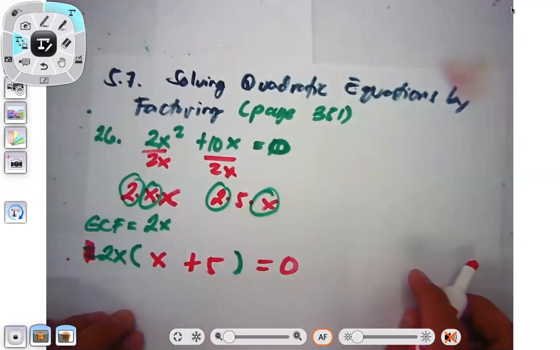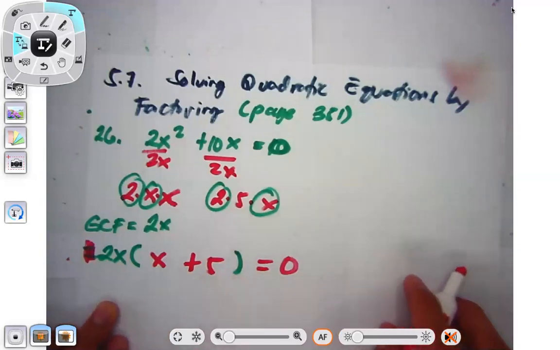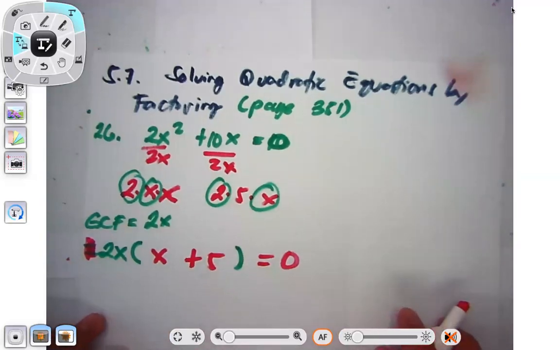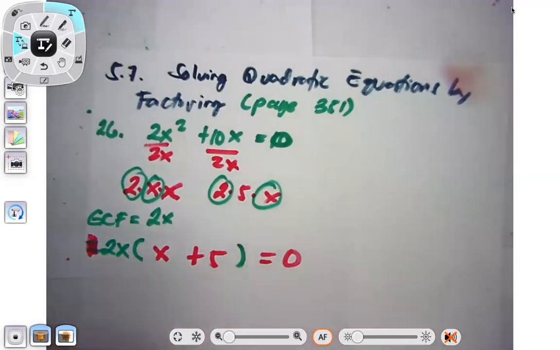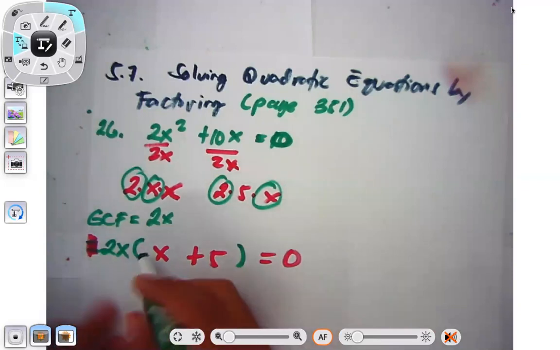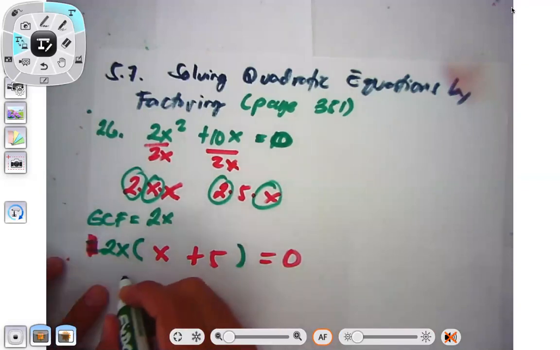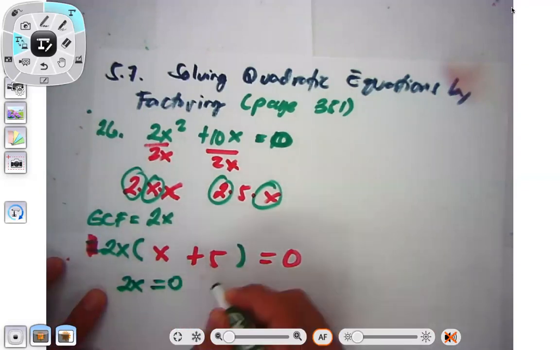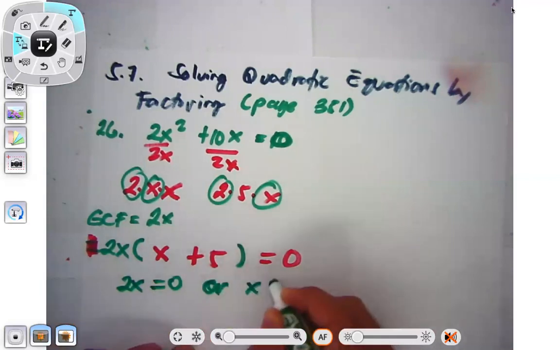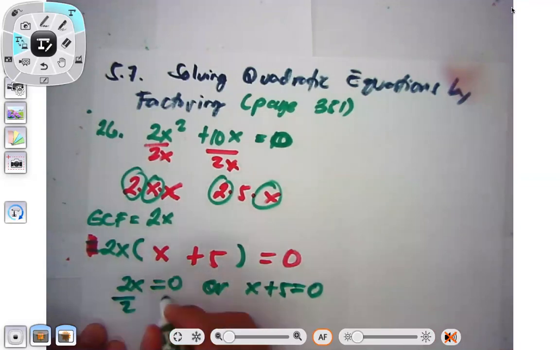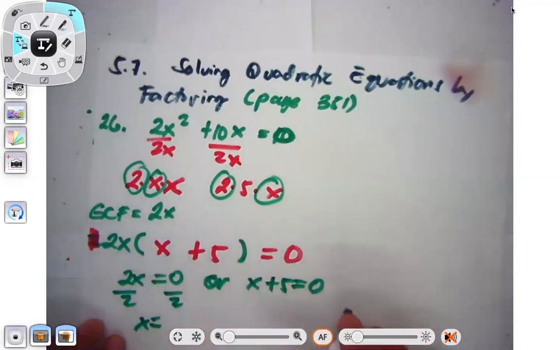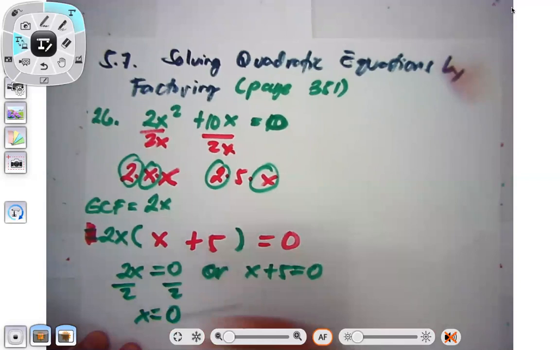In solving a quadratic equation, we have to use the zero product property. That means we can set each factor to 0 and then solve for our x. Setting each factor to 0, you have 2x equals 0 or x plus 5 equals 0. Dividing both sides by 2, we have x equal to 0.